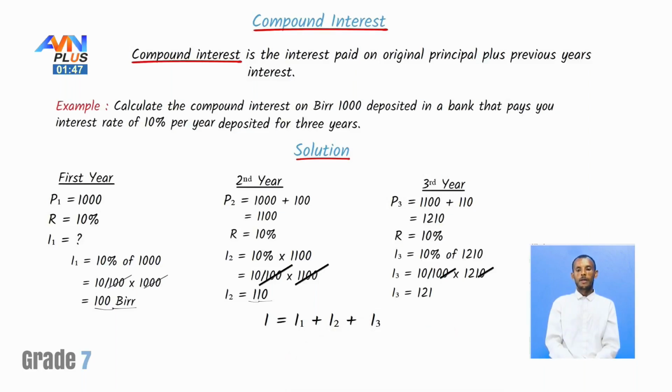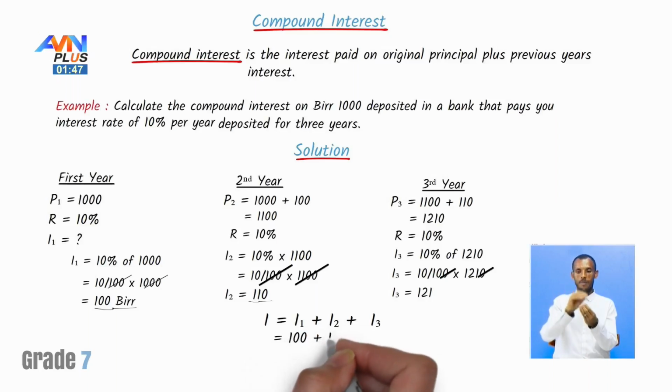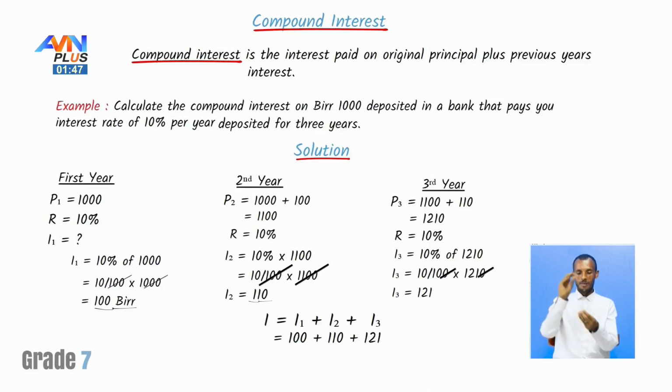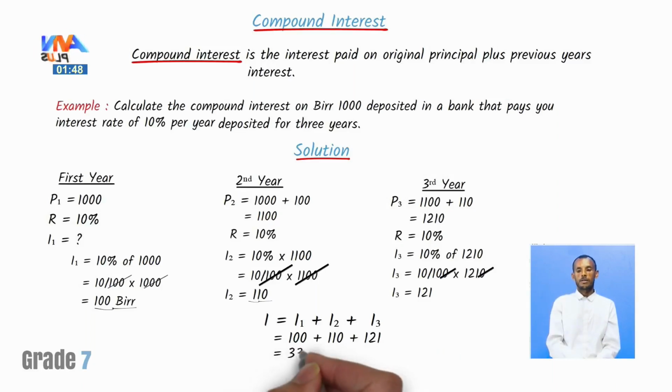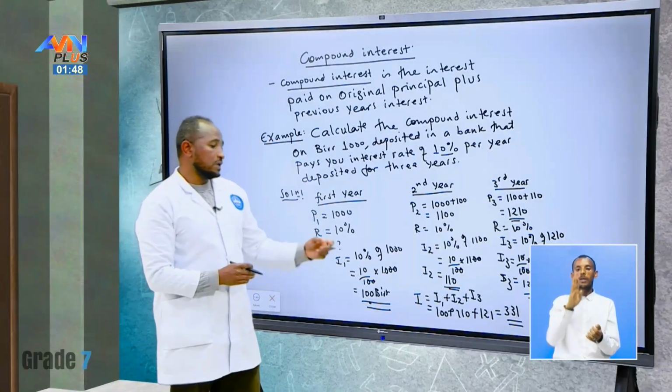The first year's interest is 100, the second year's interest is 110, and the third year's interest is 121. Together, the sum will be 331. So 331 will be the compound interest throughout 3 years.